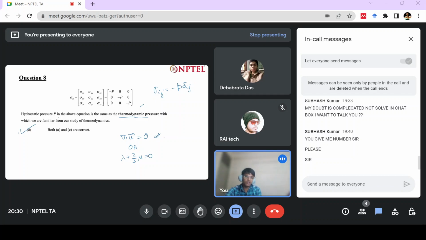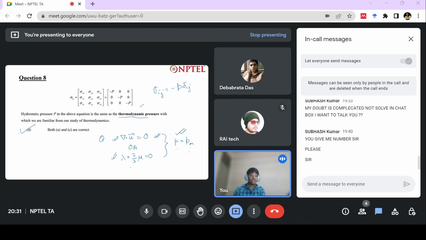If either of these two is valid, then this is confirmed. Otherwise, these two values may be different, depending on the case. And for a fluid at rest, U is zero, so the first condition is definitely satisfied. In that case, your thermodynamic pressure is the mechanical pressure. If the Stokes hypothesis is valid, your thermodynamic pressure becomes equal to the mechanical pressure. Otherwise, these two may be different.